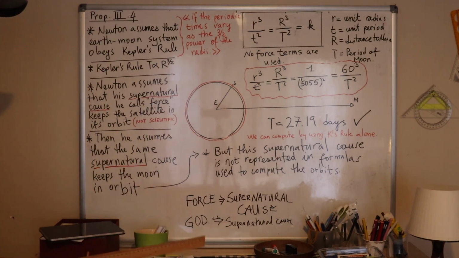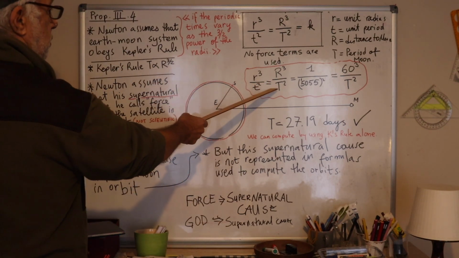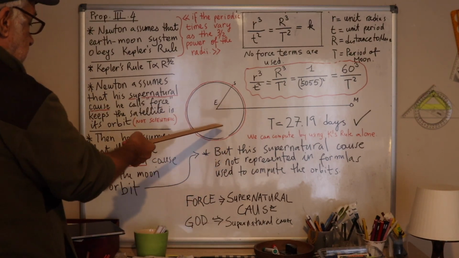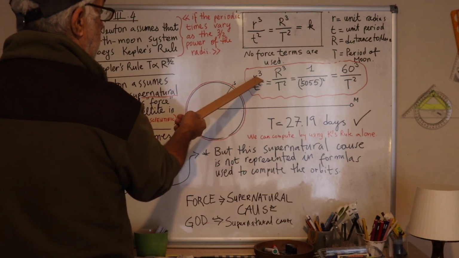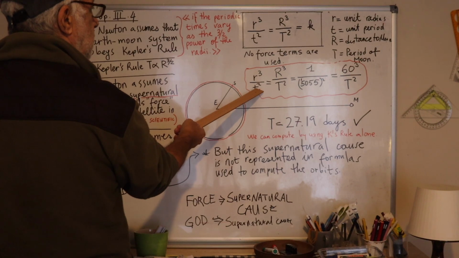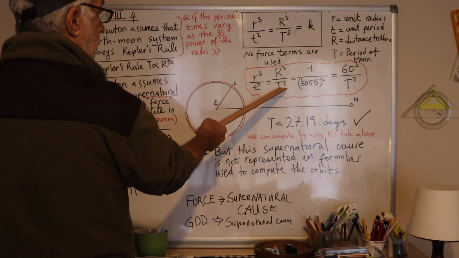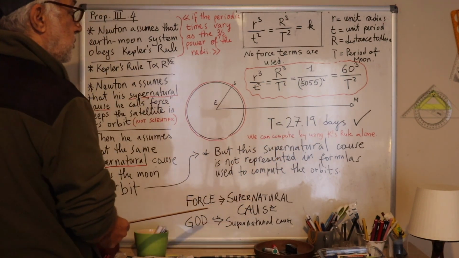So Newton's authority is mythical. Newton's followers take Newton's word, but not the formula used by Newton. The formula is really simple, nothing complicated here. We have the unit radius, unit period, and then we know R, and we solve for T. That's it.